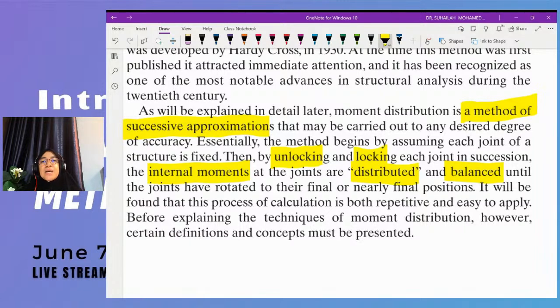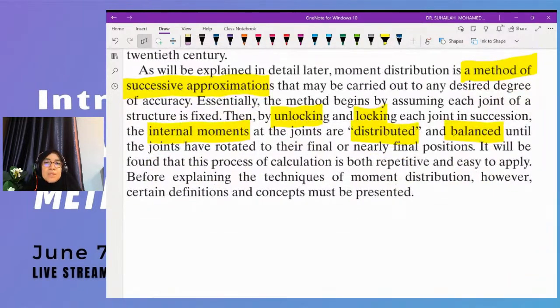Balancing we do by multiplying the moment value with the carryover factor until the joint has rotated to its final or nearly final position. Final position means the moment in the table will reach zero value, and after that the process in the table may stop.